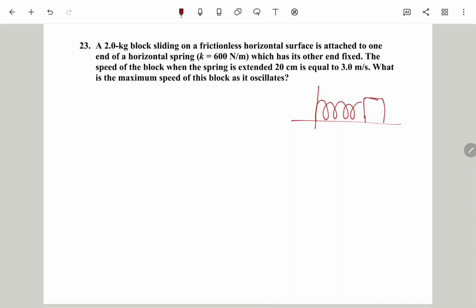Now, to find the maximum speed of the block as it oscillates, work total equal to delta K, and again we only have work done by the spring equal to half m V final square minus half m V initial square.